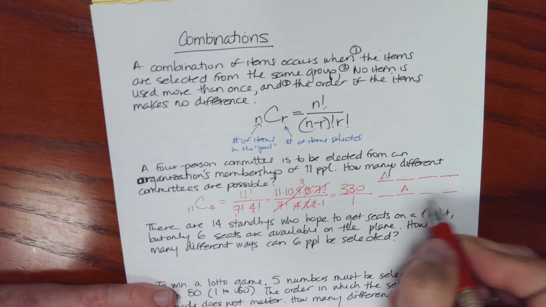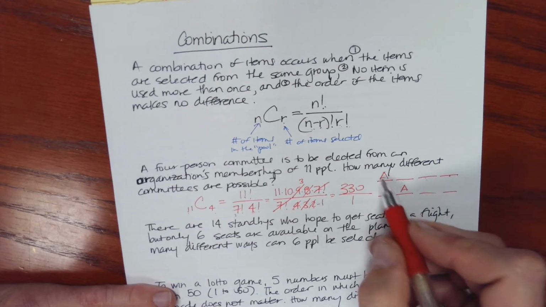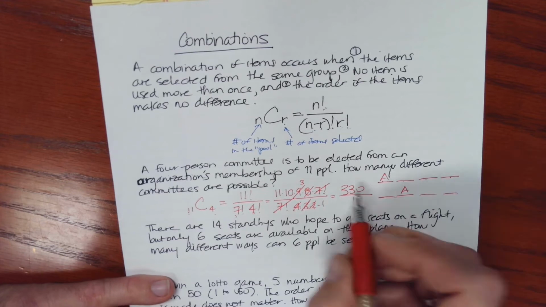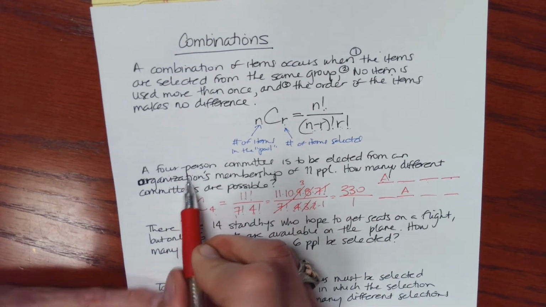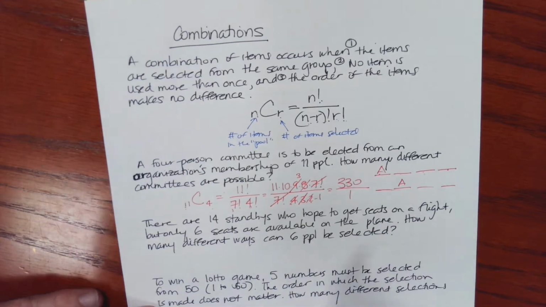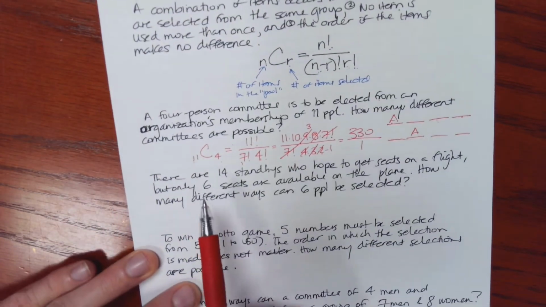So the position makes a difference, so order matters. That would be a permutation. But here, you're either on the committee and everybody there is equal, or you're not on the committee. So that's a combination.